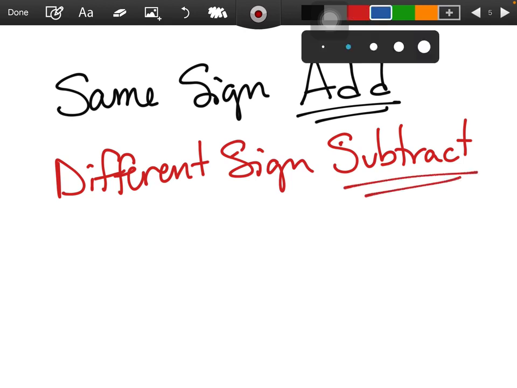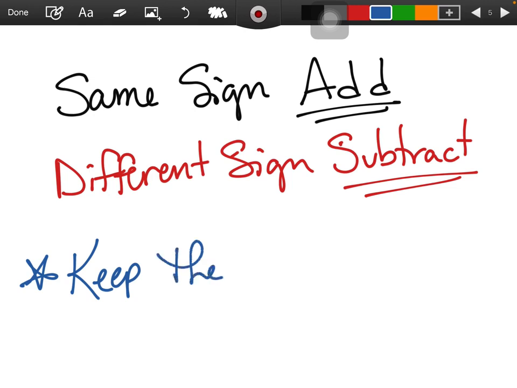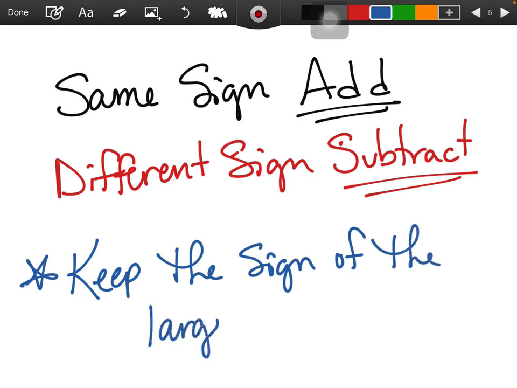And no matter what I do, I'm going to keep the sign of the larger number. All right, I hope this makes sense.